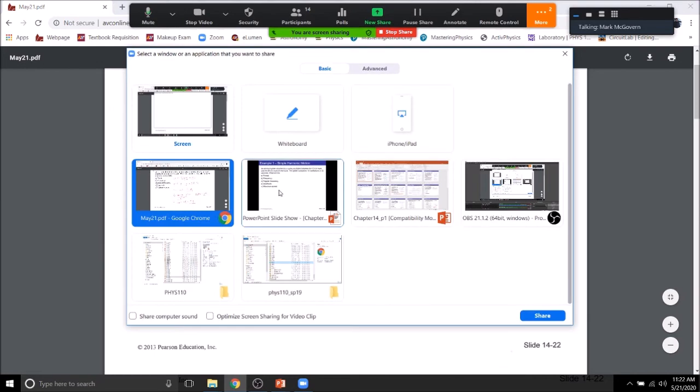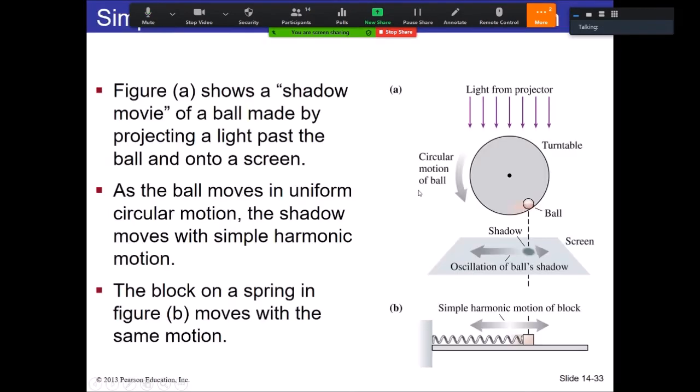Okay, let's move on. Now, one of the reasons why this works so well is because of the concept of the block going back and forth on this track here.